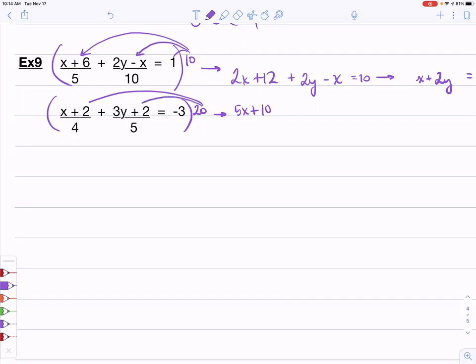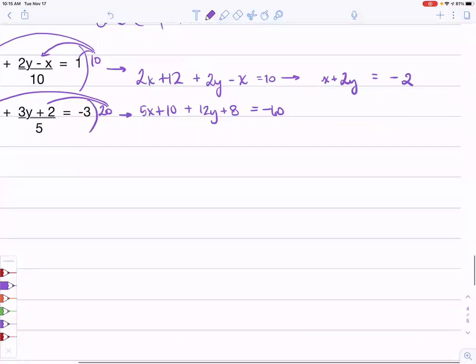Okay, pass to the next term. Yep, your 20 and your 5 reduce to a 4. So you want to pass your 4 to the 3y and the 2. And that's going to equal negative 60.